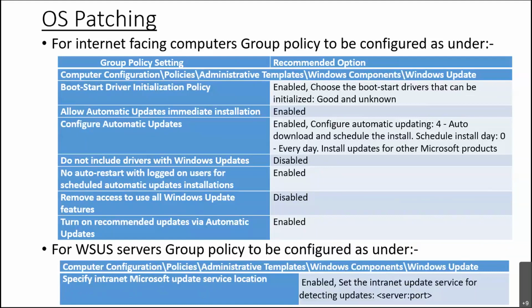It is a central repository where all the updates which relate to the applications in the organization are collected at the central location, and the WSUS client which is installed at each user agent will then pull the updates. It can also push the updates to all the clients, and this update can be centrally managed.